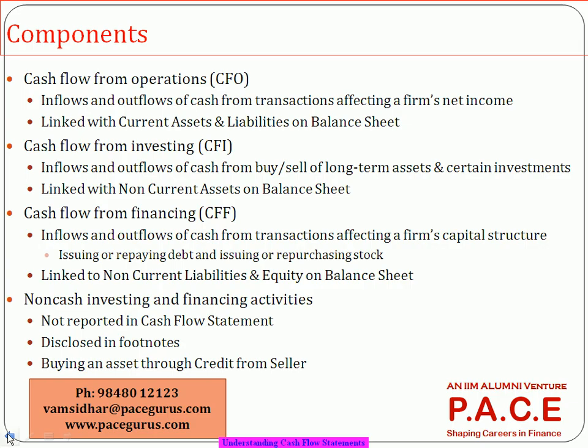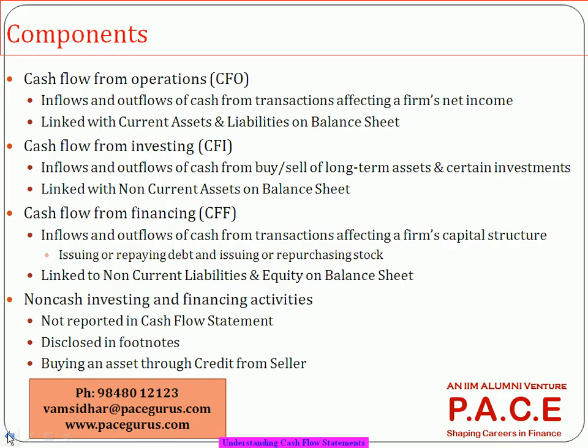Now coming to cash flow from investment activities, whatever cash is majorly associated with investments. What are those investments? Non-current assets. Anything that is part of non-current assets in the balance sheet, which could be tangible assets, intangible assets, or investments, whatever you are buying or selling, all of that is treated as cash flow from investment activities.